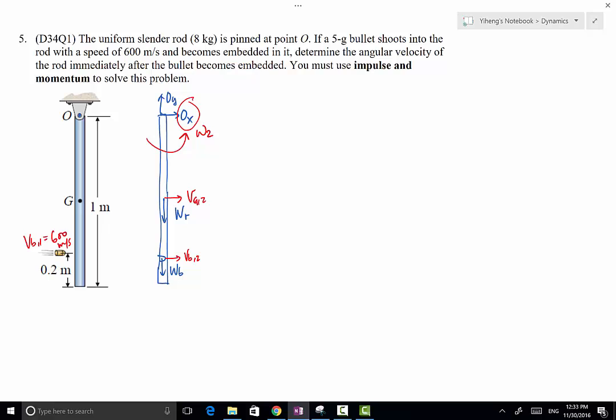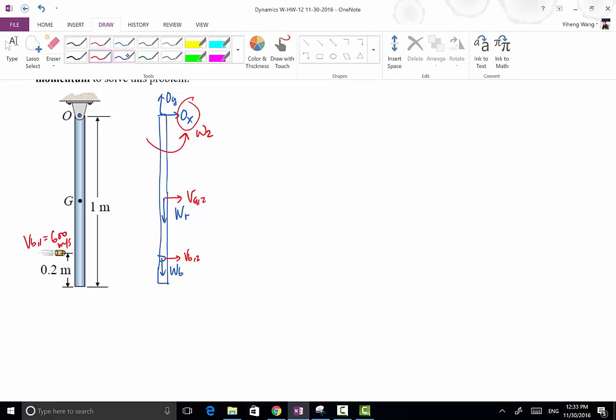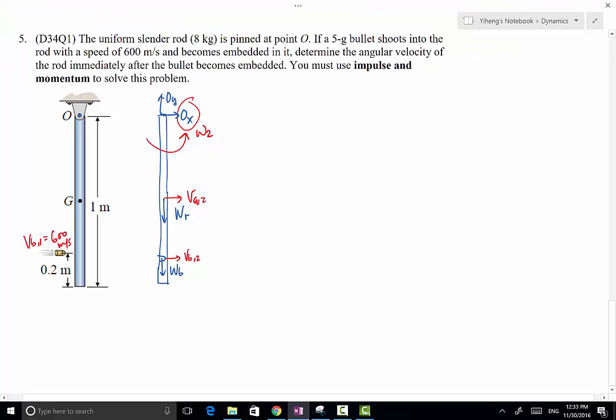However, if we sum the angular momentum about point O, then OX has no moment about point O, therefore creates no impulse about point O, and there's no other external force that would create moment about point O. We do have horizontal forces between the bullet and the rod, but they become internal when we treat the bullet and the rod as one system.